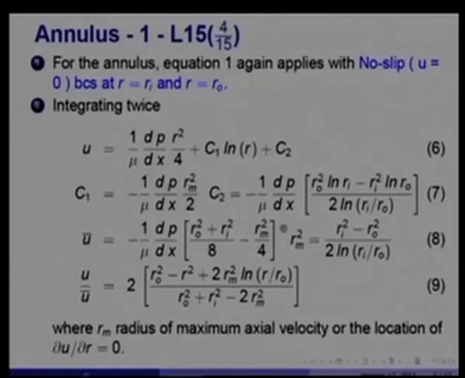In all these cases, r_m is really the radius where du/dr is 0.